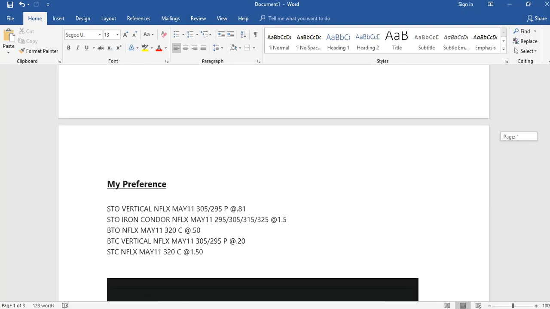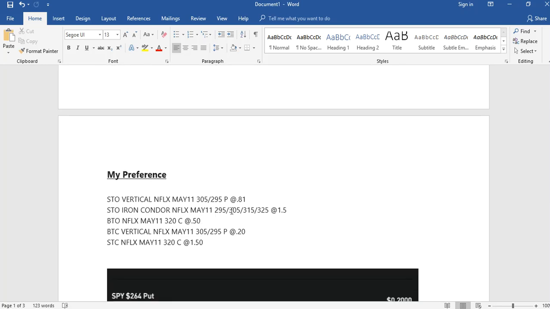You may see it in this format as well, where they just list the four strike prices in sequence, and you know that the first two strike prices are the put and the next two strike prices are for the call. There's no need to specify which strike is which. It's always listed from left to right, the two put strikes and then the two call strikes, and then the credit received, the $1.50. And I know it's a credit again because it's a sell.